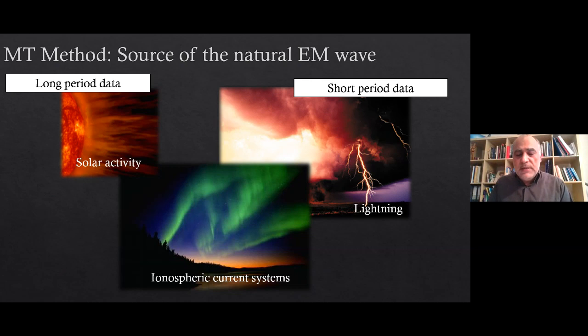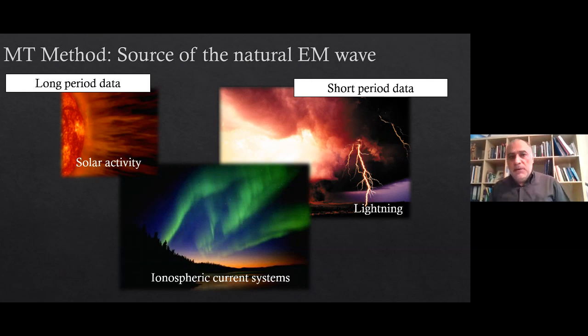This process is specific to long period data. Another source of natural EM waves is lightning. As you know, lightning is an electromagnetic wave, and this is usually considered for short period data when we measure electromagnetic or magnetotelluric data.